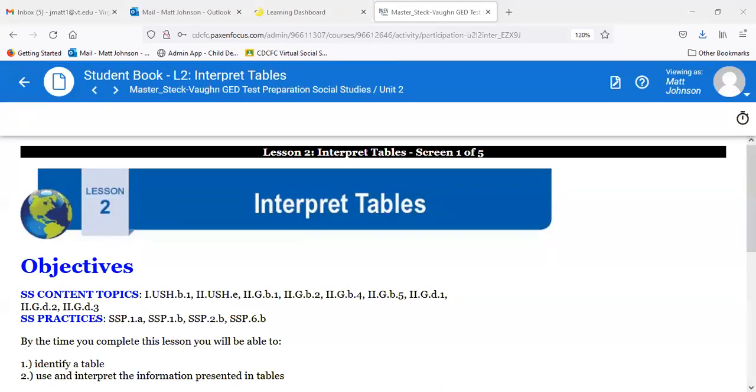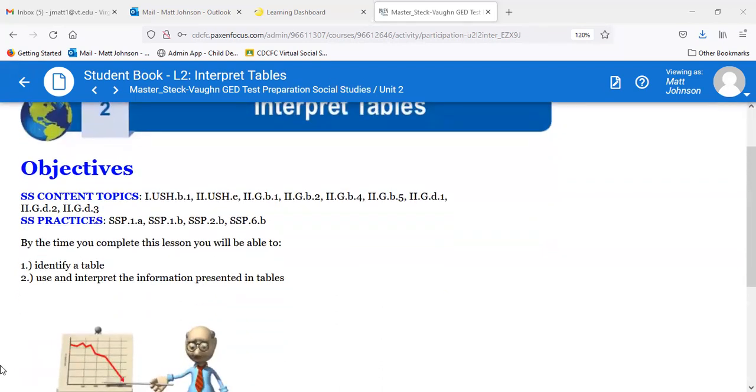So largely, you think about this the same way as the map lessons. Just we're visualizing that information in a different way now through tables. So let's take a look here. And yeah, it says we're going to identify a table, and then we'll use that and interpret the information presented in those tables.